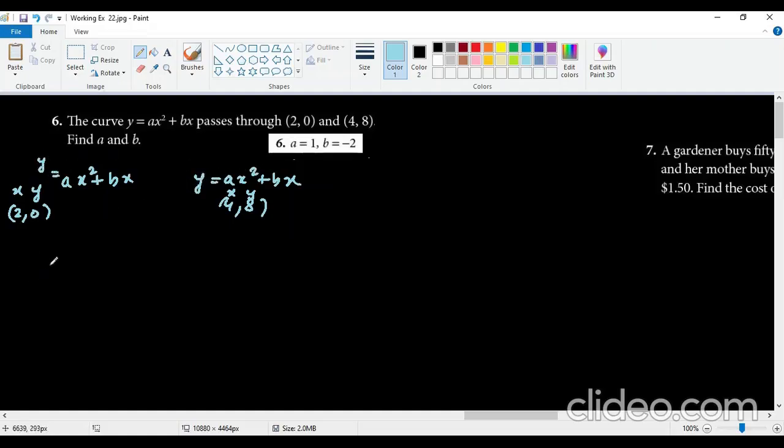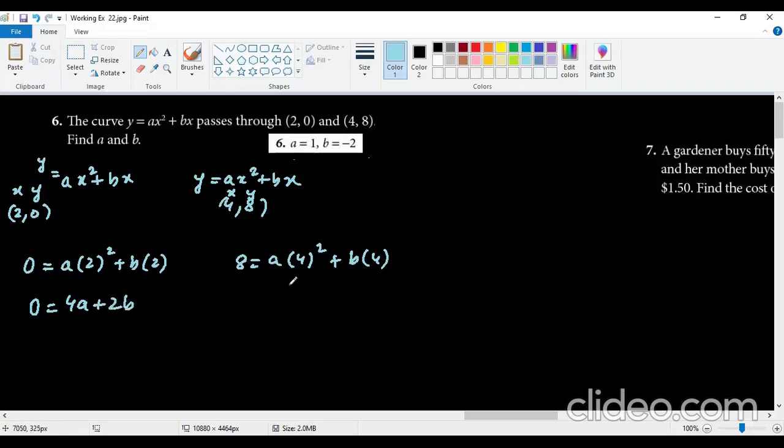Now the y value in the first part is 0 equals a, x value is 2, squared, plus b times 2. Second part, it says the value of y is 8 and x value is 4, plus b times 4. These two equations are going to give us 0 equals 4a plus 2b.